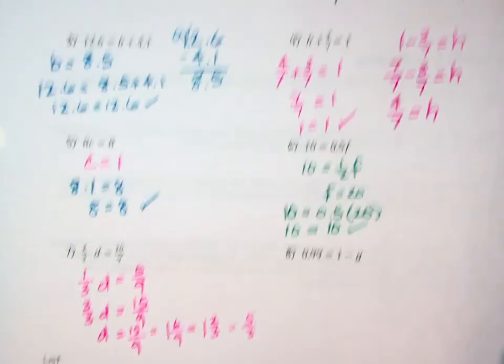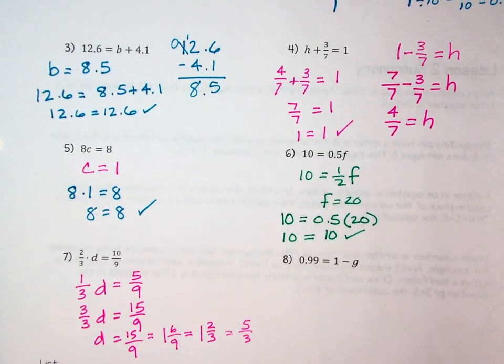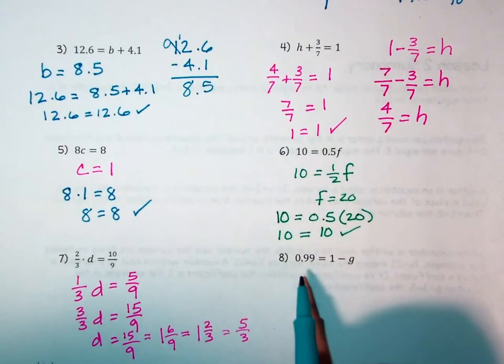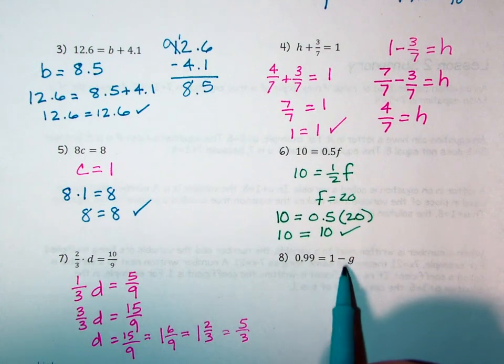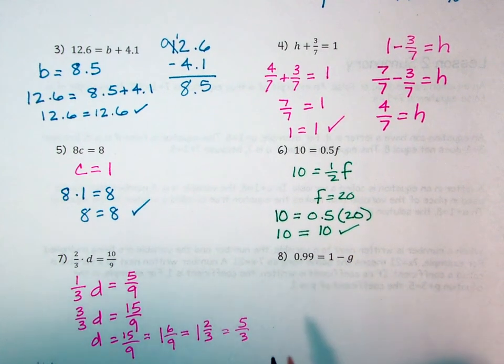All right, our last one, number 8. 99/100 is equal to 1 minus G. So if I take 1 and subtract some number, I'm left with 99/100.